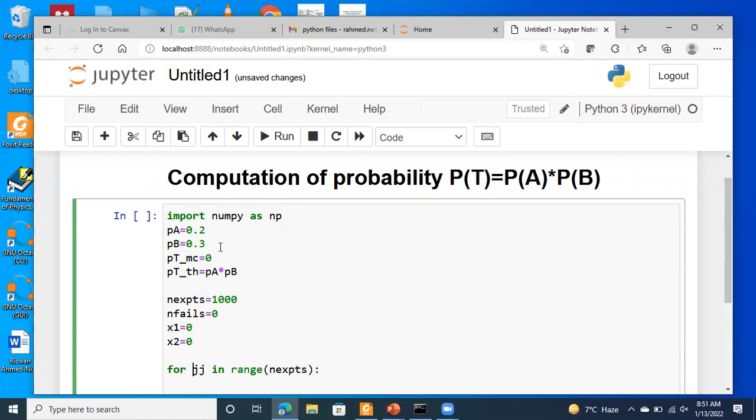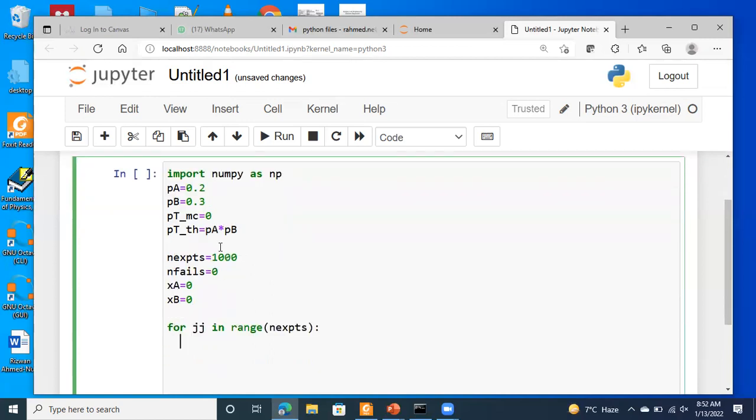X1 for A and x2 for B, okay, so let's set them xA, which means the state of component A, and xB, the state of component B. I select these states randomly using the random number, right?